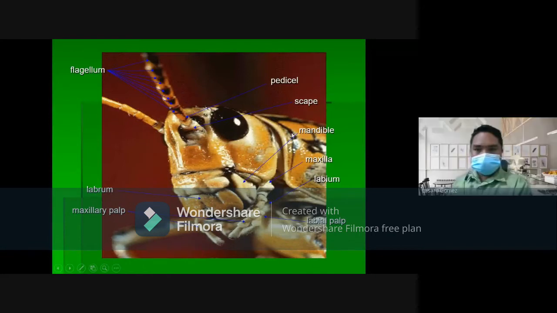Okay, so the mandible or jaw, beneath the mandible is the maxilla, and then the labrum. Okay, under the labrum, no, we have the labial palp, as well as the maxillary palp. So these are some parts of the insect's head.